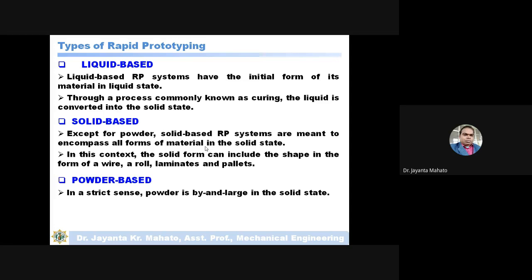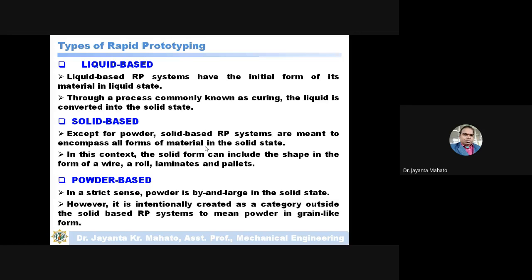So, in a strict sense, the powder is by and large of the solid state. But it is intentionally created as a category outside the solid based rapid prototyping, because powder is a grain-like form.